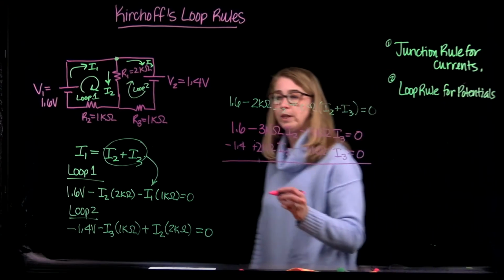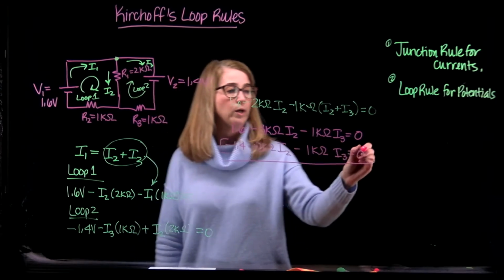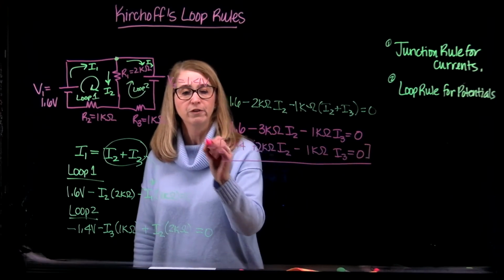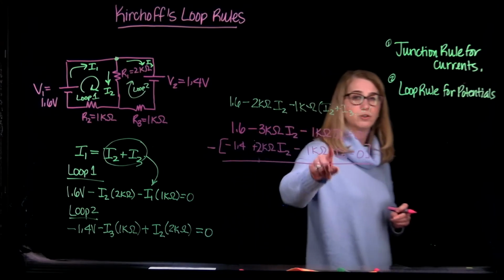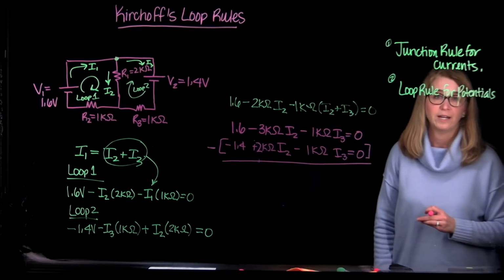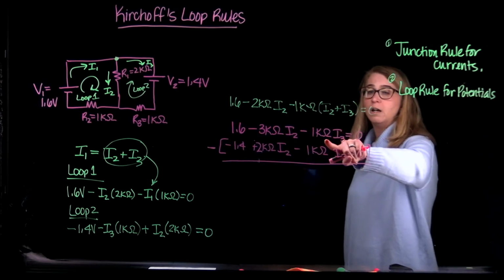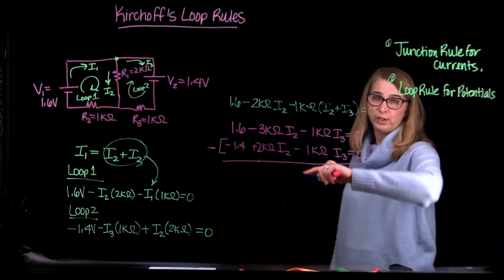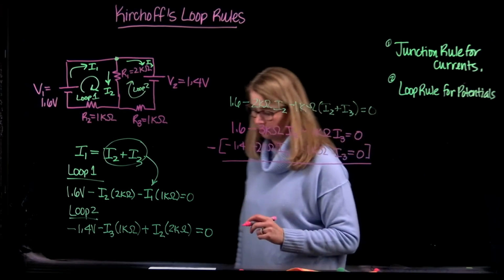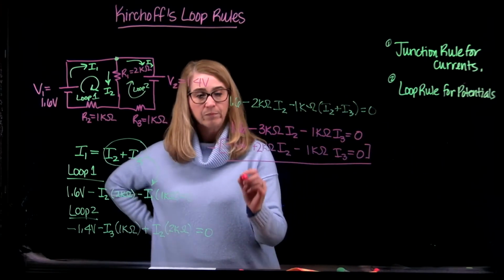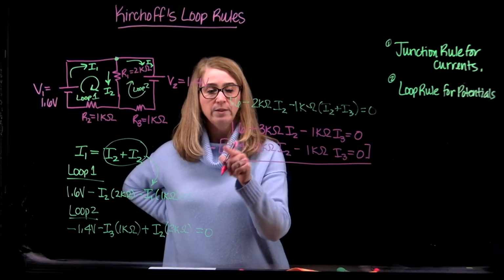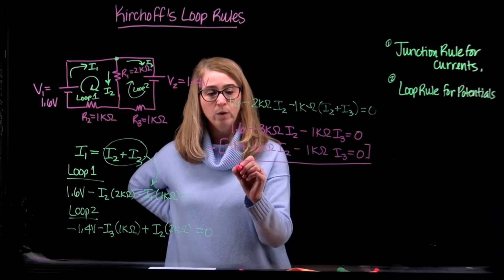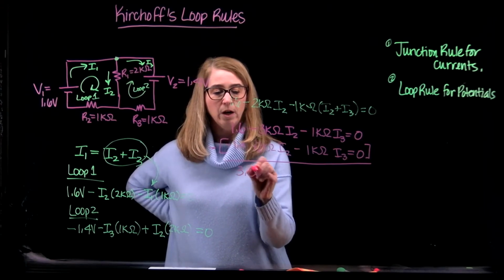So I know that if I take this entire second equation and subtract it from the first, these two terms are going to add up to be 0, because I'll have minus I3 plus I3, essentially, if I subtract them. So I'm going to do that. When I take 1.6 minus a minus 1.4, I get 3.0.